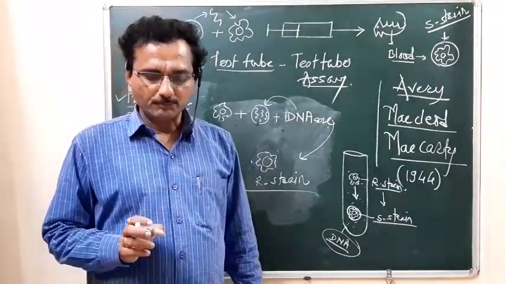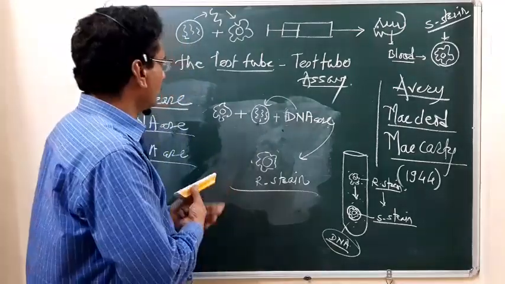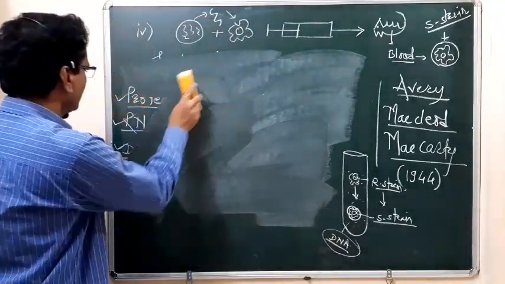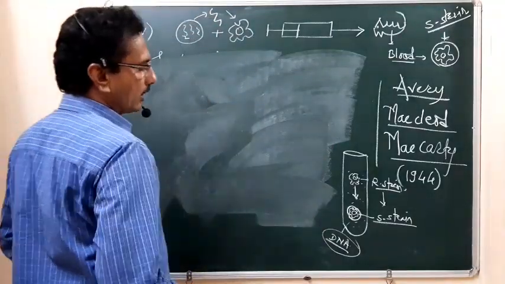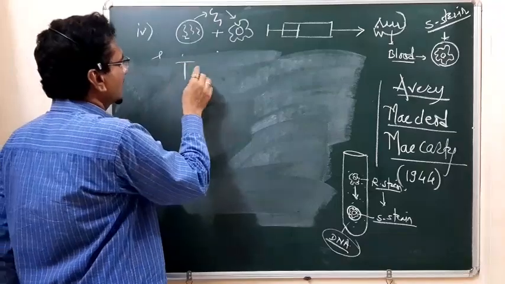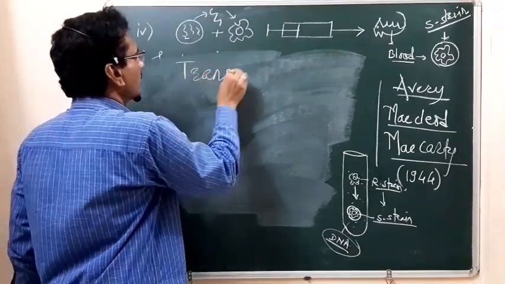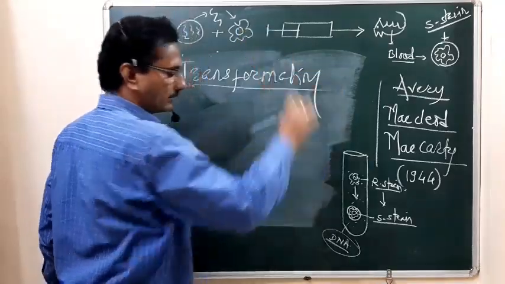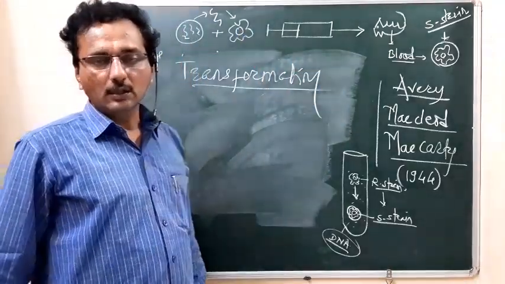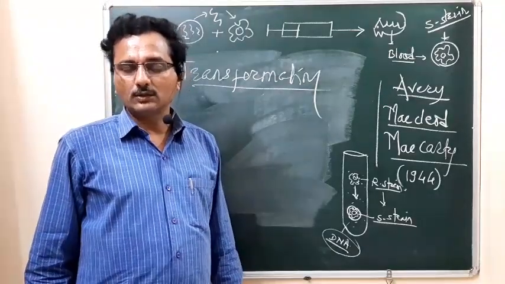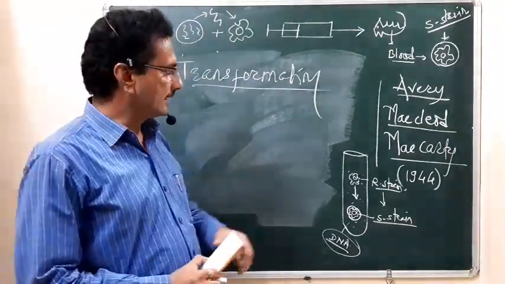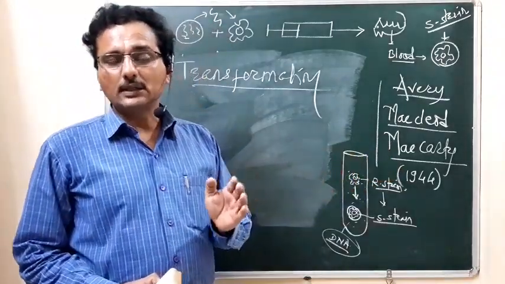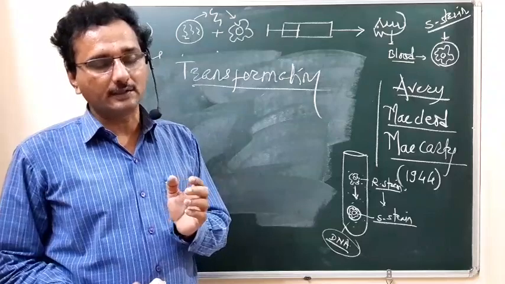So remember student, the transformation phenomenon was discovered by this group of 3 scientists, Avery, MacLeod and McCarty. So what is that transformation phenomenon? Okay, so always remember the transformation phenomenon was discovered by the scientists Avery, MacLeod and McCarty. It was not discovered by the scientist Fred Griffith in 1928.